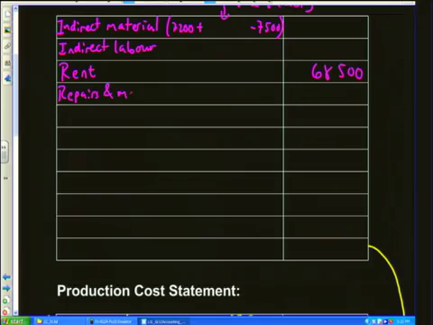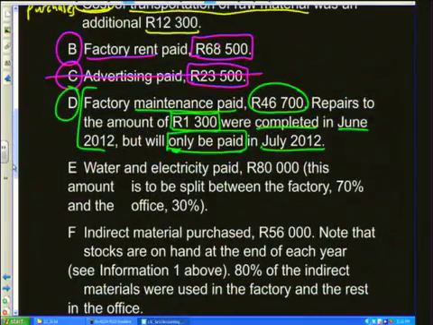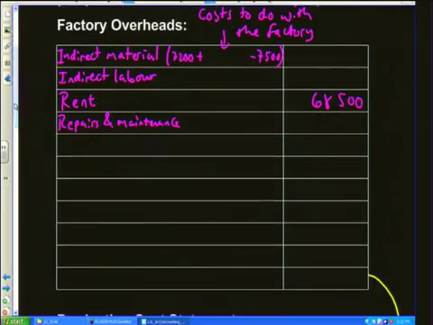And we are going to show both items actually, because the first item was for this year, this 46,700 rand was the maintenance for this year, and the second item of 1,300 was also for this year. So we're just going to add the two together, and our answer is going to be 46,700, which is the amount we've already paid, plus the 1,300 to get the answer.